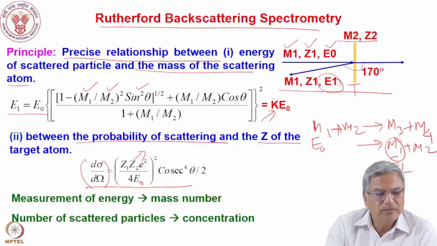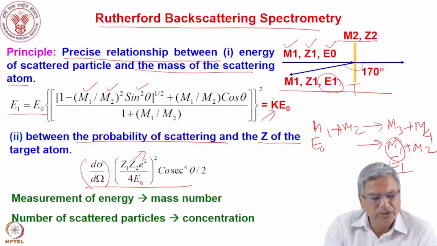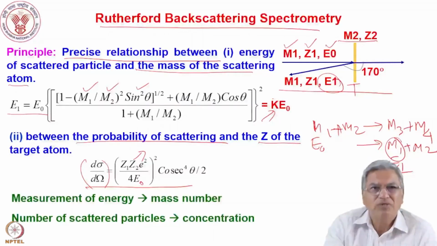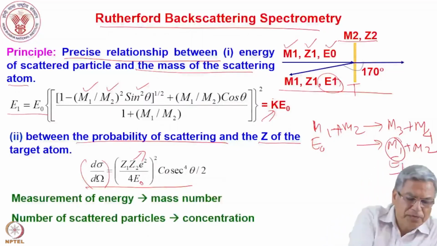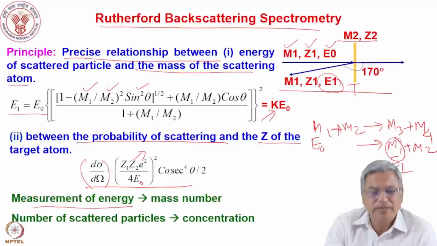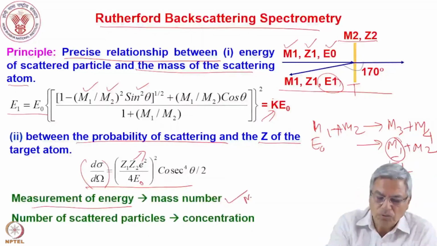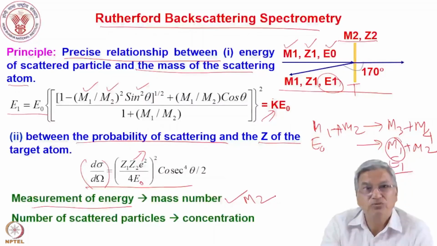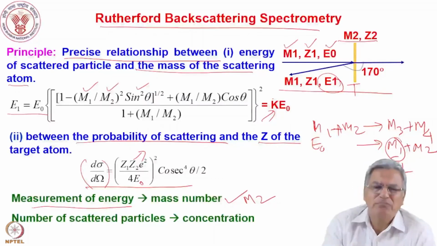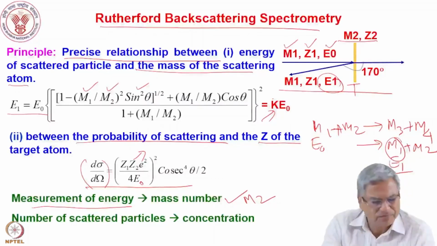So you can then, from the determination of the number of particles that are scattered, or from the counts in the spectrum of the scattered particle, find out the concentration of the target nuclei. So the measurement of the energy of the backscattered particle gives you the mass number M2 in the target. You identify, and from the mass number, you can of course identify the elements.